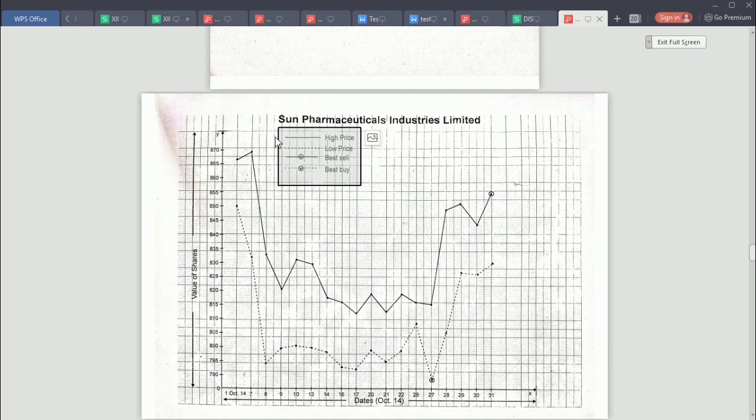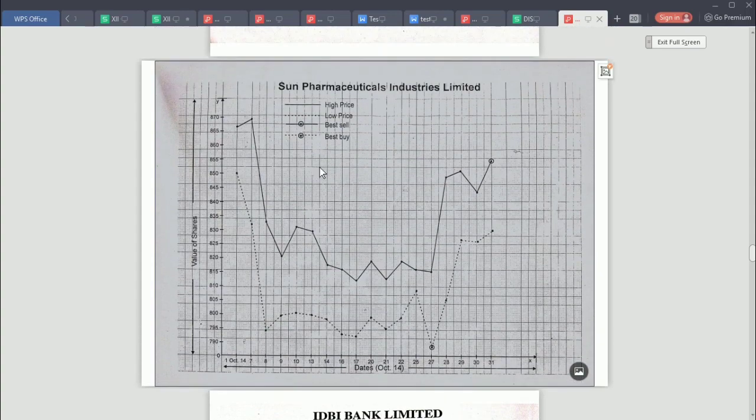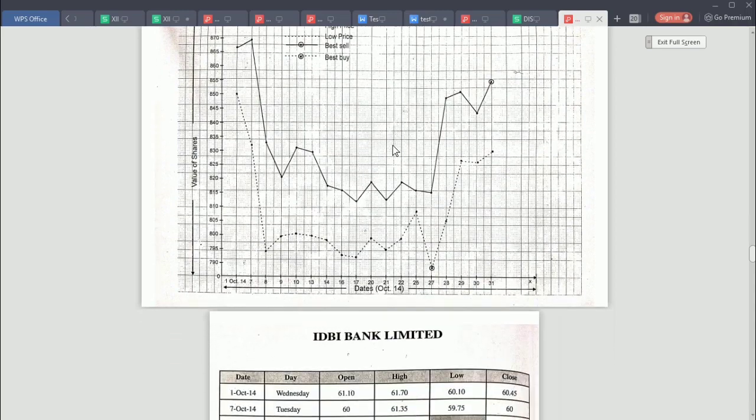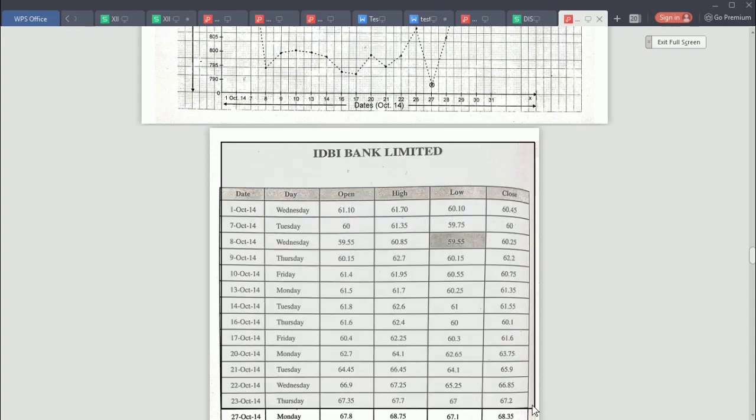This way one chart is complete, and after completing one chart of one company, now we have to do the same task with the rest of the 4 companies, because one student will do this study for 5 companies and every student will get different 5 companies. It will not be the same for any 2 students, 5 different companies for every child. So this is the next company, which is IDBI Bank.